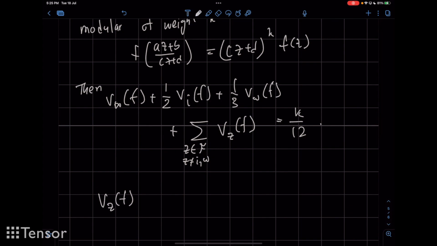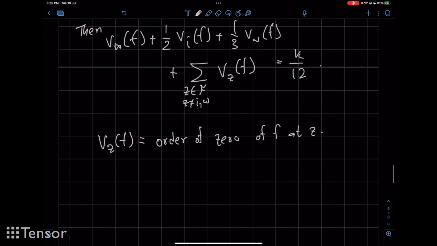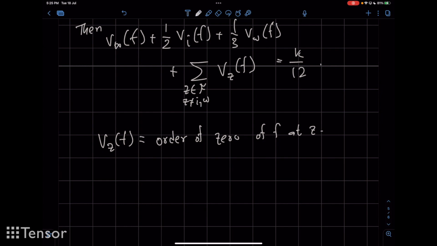v_z of f is the order of zero of f at z. Suppose f is a meromorphic function; for simplicity, we can first say that f is a holomorphic function around the point z.